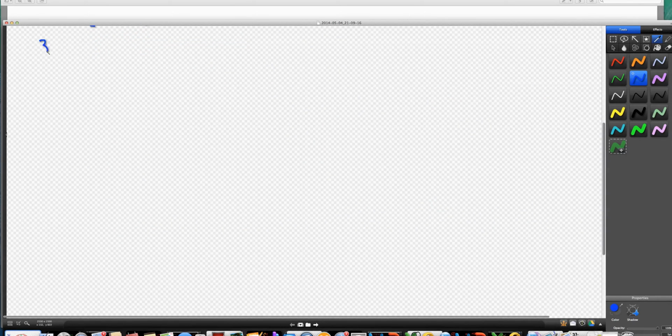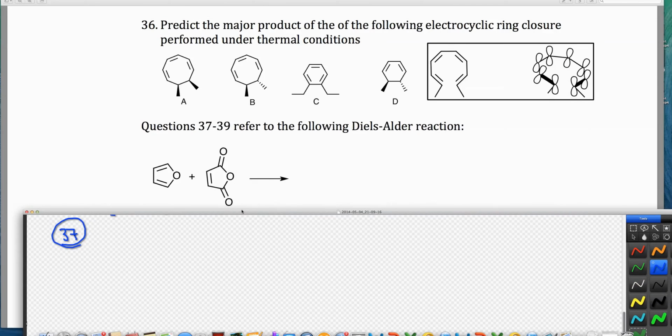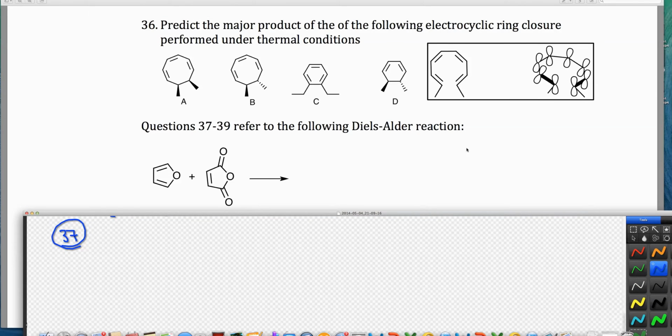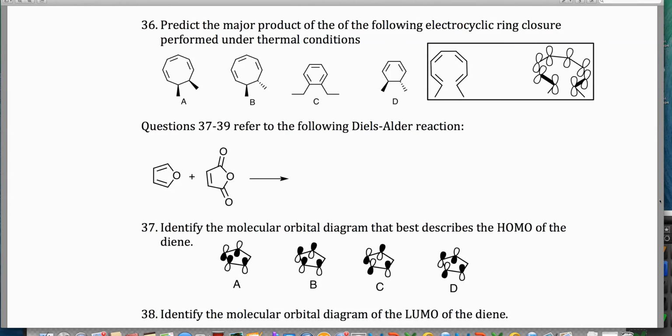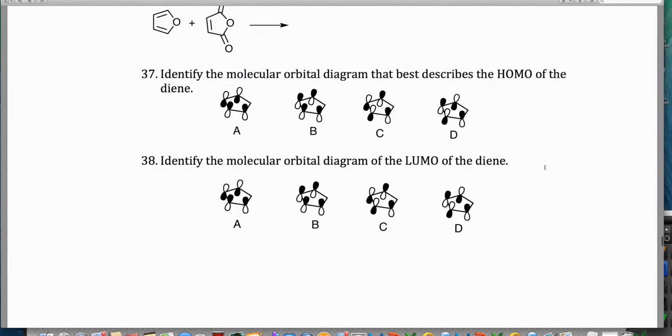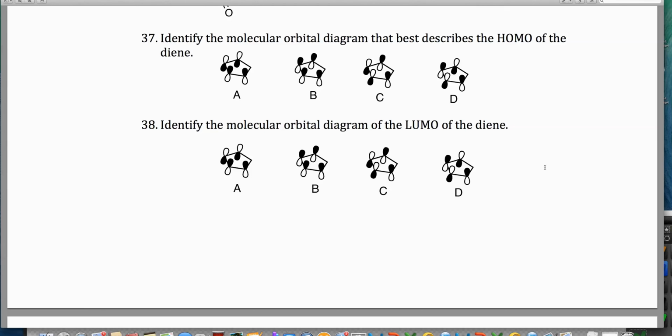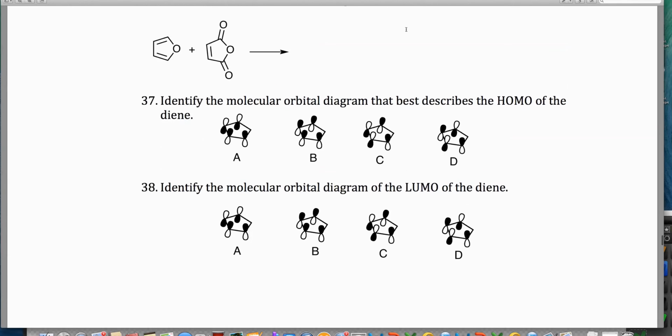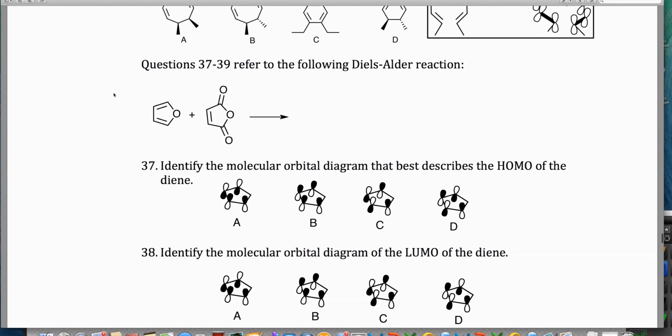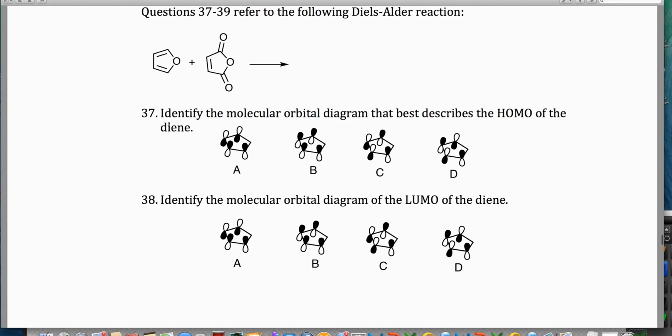Moving on to number 37. You're looking at the Diels-Alder reaction. And so we want to find the orbital diagram that best describes the HOMO of the diene and the LUMO of the diene. Remember, the diene's got 4 pi electrons. Only these two matter. The lone pair of the oxygen does not participate in the reaction.